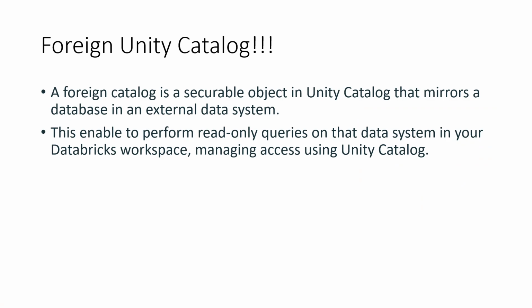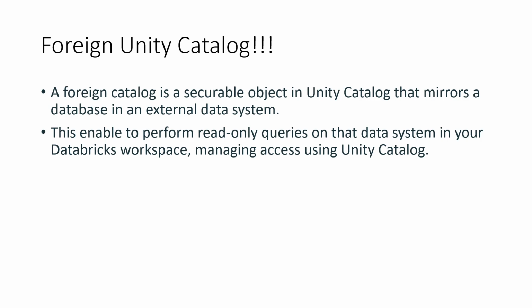Now let's move to the next topic, which is foreign Unity Catalog. This is the feature we're going to use for doing our data profiling for external data sources. Foreign Unity Catalog is a part of Lakehouse Federation, which was announced by Databricks in 2023. This is a new feature and it is still in public preview. Foreign Unity Catalog is a part of Unity Catalog.